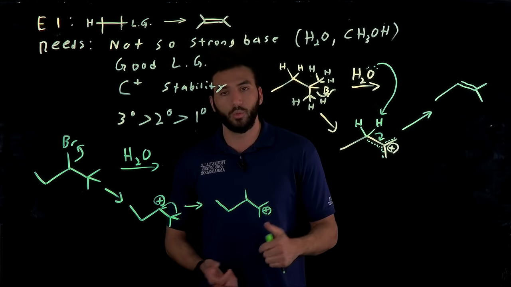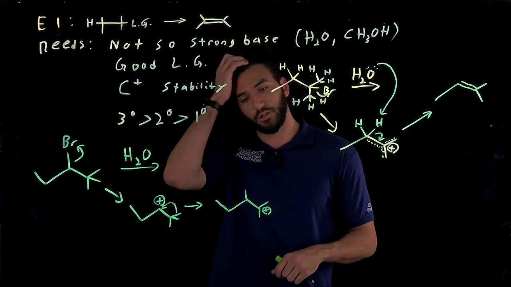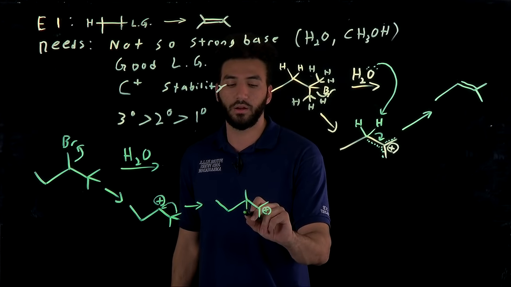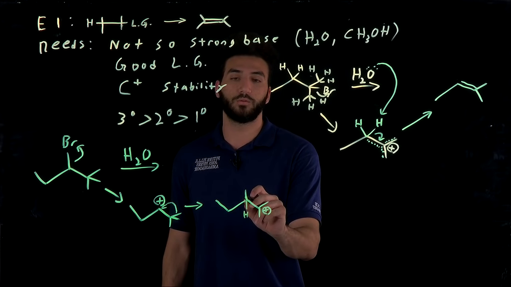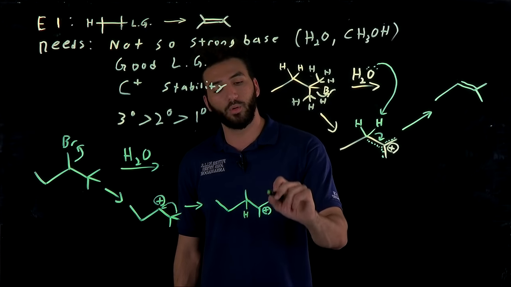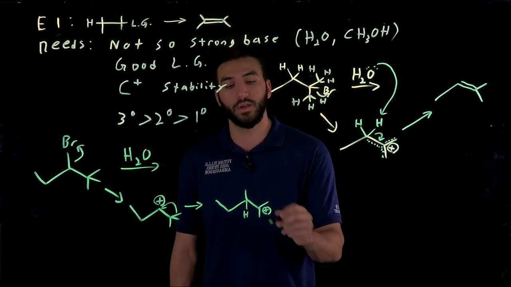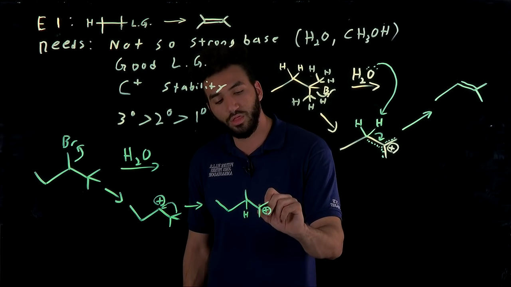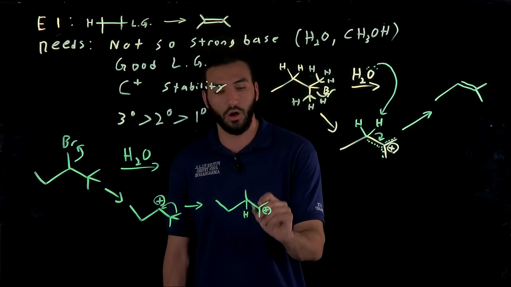So now our base is going to come in and pull which hydrogen, right? It's going to pull this hydrogen right here because this will form the more substituted alkene, right? We already established with this example, if we pull one of these hydrogens, we only have 2 R groups. If we pull off this hydrogen, we'll have 1, 2, 3, and 4 R groups on our alkene, right?